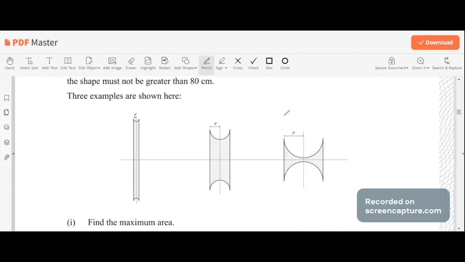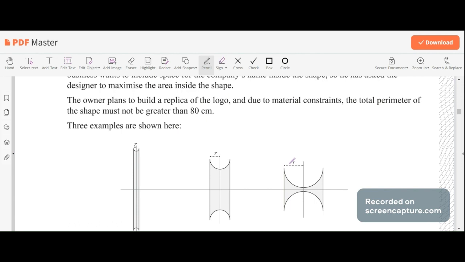Okay, sweet. So we need to find the perimeter. We know this semicircle here, and we know that the circumference of a circle equals 2 pi r.